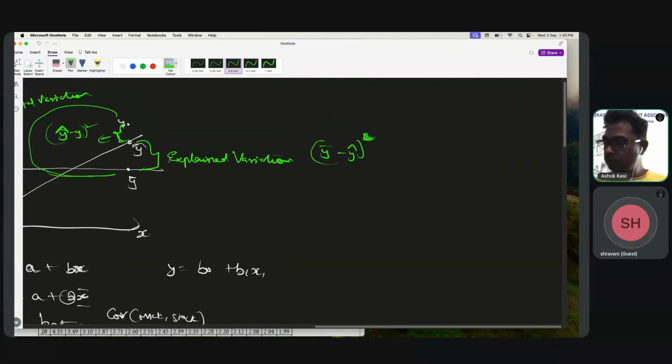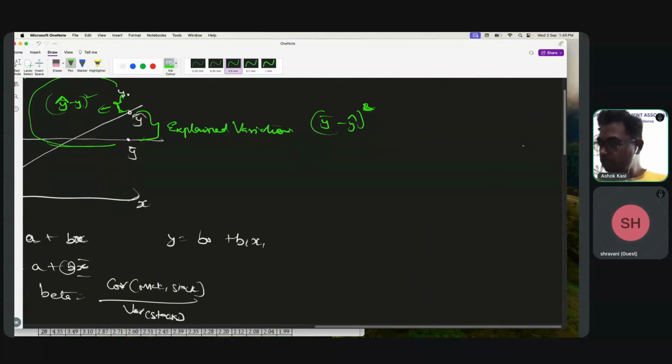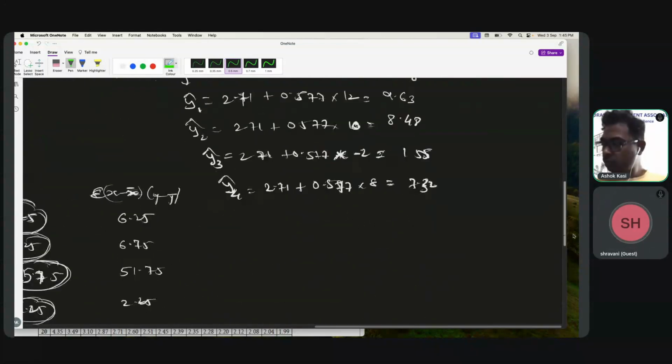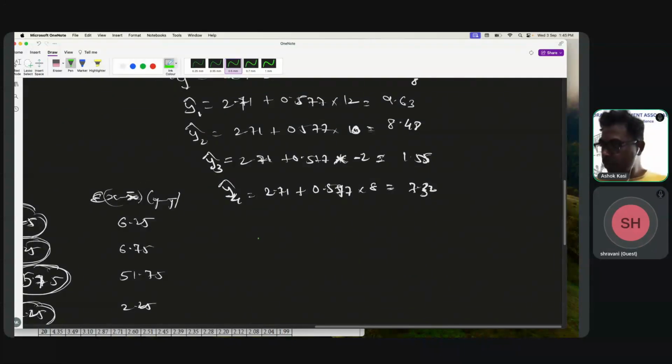So now I have to calculate explained variation, that is y bar minus y hat. So I'll calculate here y bar minus y hat the whole square, which is explained variation. Y bar is 6.75.